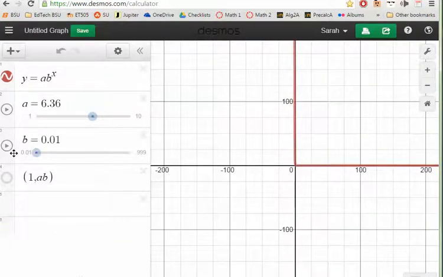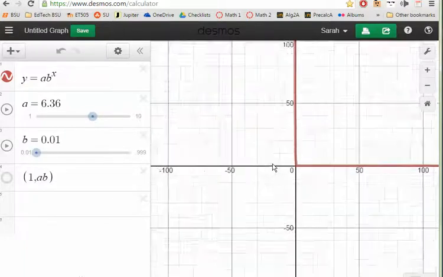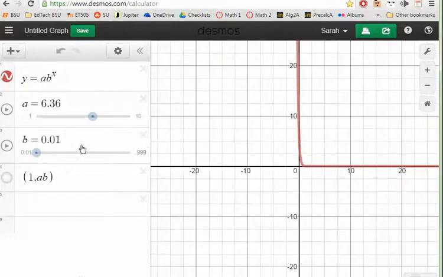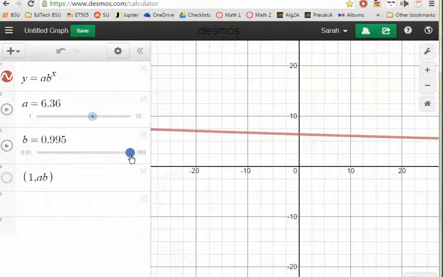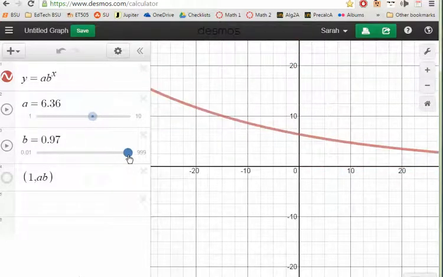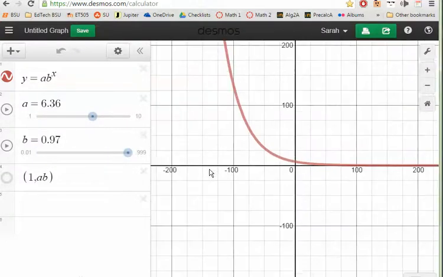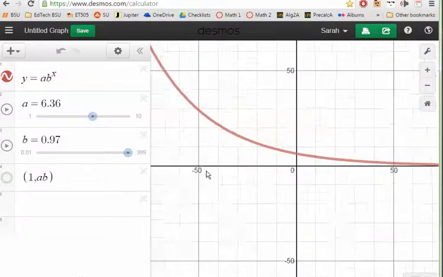And you can see when I have a b value of something really tiny, like 0.01, it's going to decay at a very sharp rate, compared to if I have something that's almost 1 at 0.99, it's decaying at a fairly slow rate.